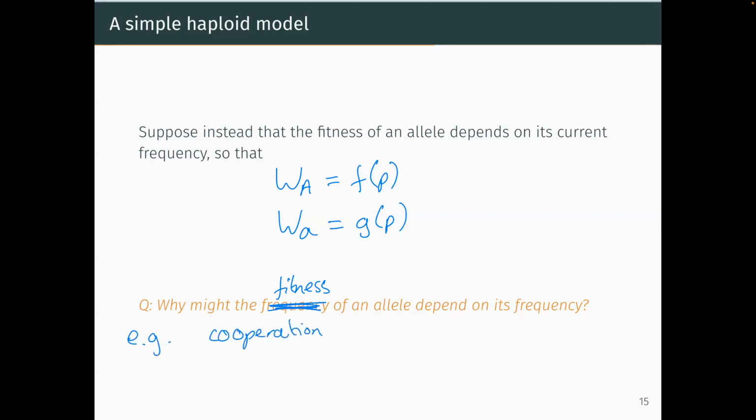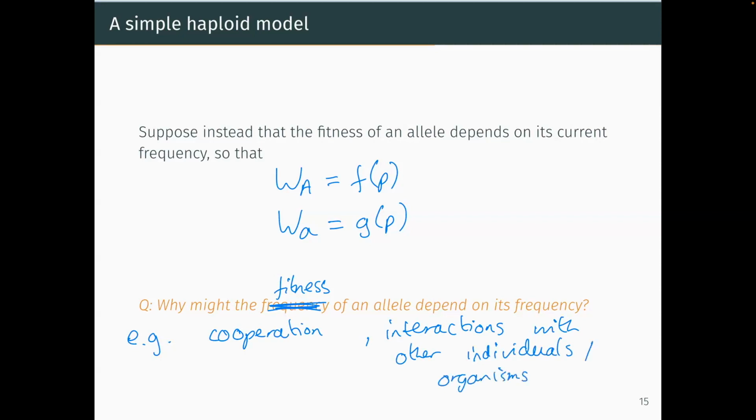We're going to talk about cooperation and cheating later in this course, but if allele capital A was a cooperator and allele little a was a cheater, the more cooperators are around, the more you would expect the growth rate to increase. The fitness of them will depend on the frequency. So cooperation, more generally, interactions with other individuals or organisms.